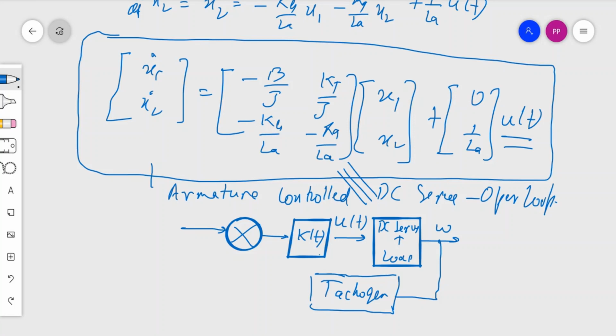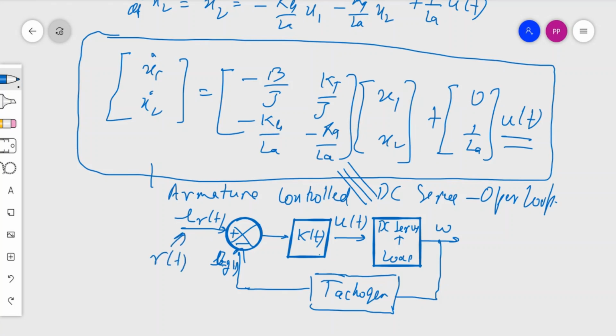I am giving a reference input voltage ER which is compared with the tachogenerator output voltage, many times given as EG. This is minus, this is plus.